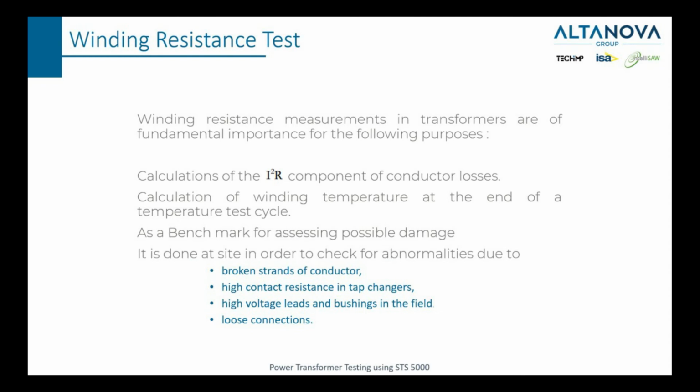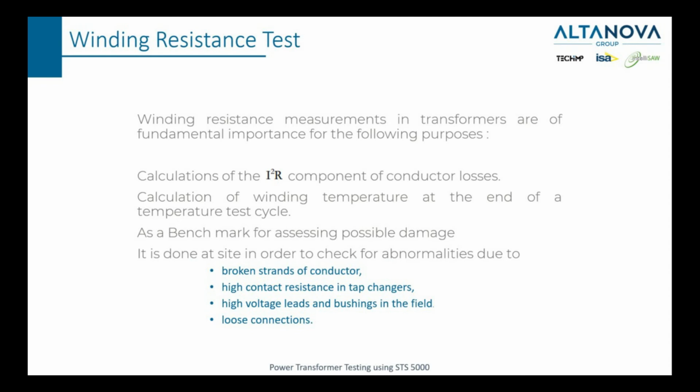To be practical, often you will be actually looking for loose connections. Basically, you know the nominal resistance, now you measure the resistance, and you don't want the resistance to be higher. If the resistance is higher, then we have loose connections. Or we have broken strands of conductor, then the resistance is infinite.